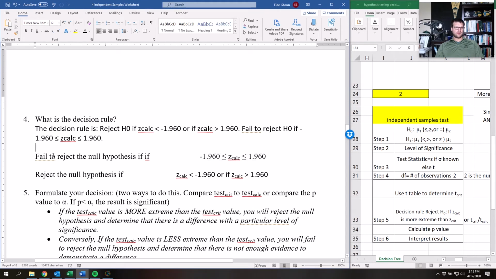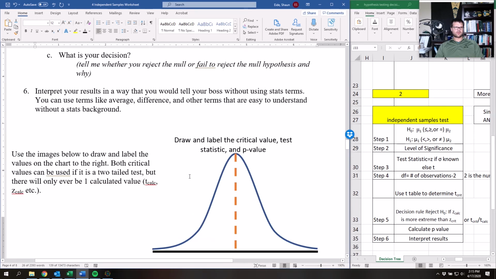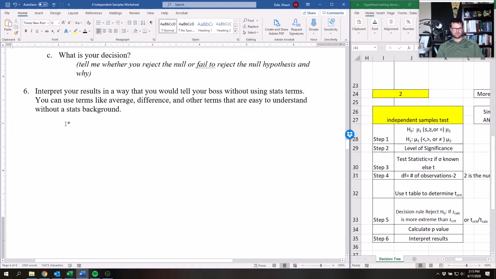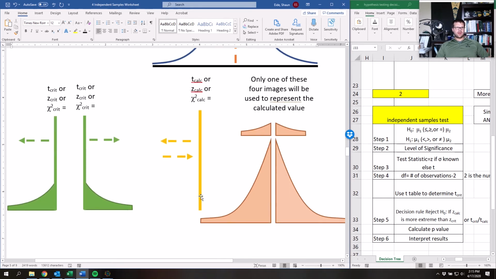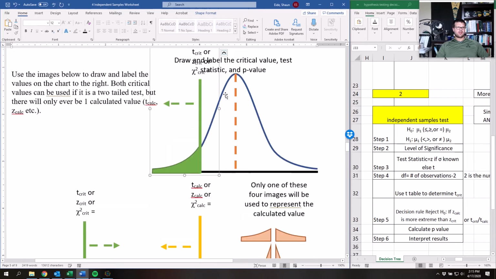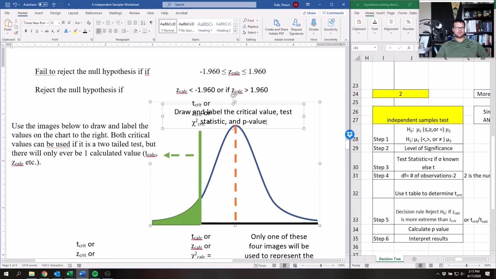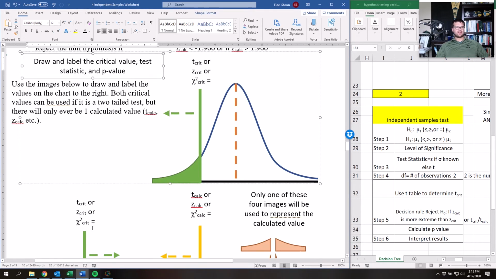So we've got the decision rules, and I'm going to put this right here. It says draw and label the critical values, test statistics, and p-values.